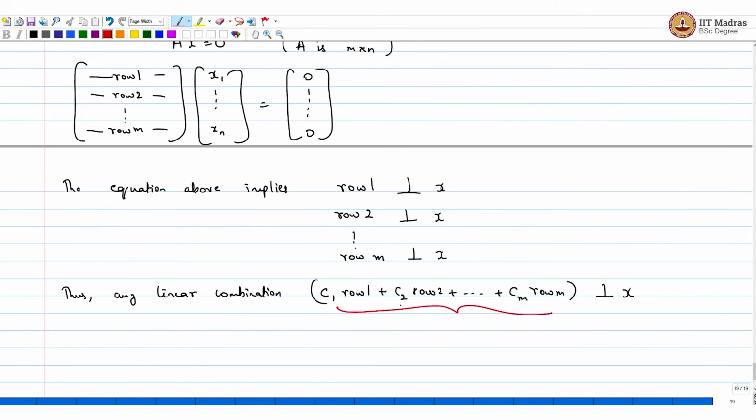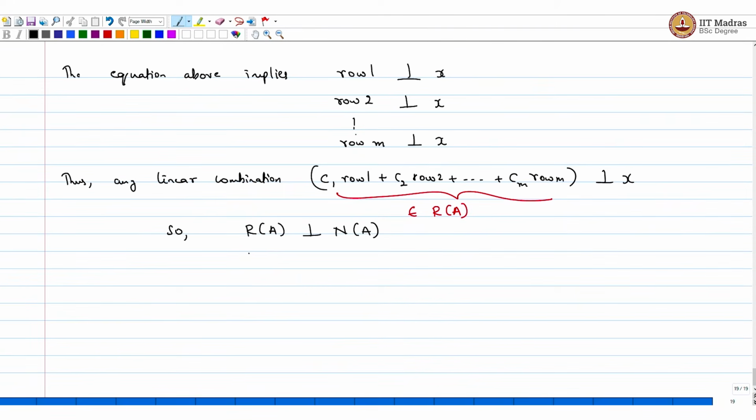And this belongs to the row space of A. So the row space of A is orthogonal to the null space of A, which is equivalent to saying the column space of A transpose is orthogonal to the null space of A. Now the same thing can be written like this: column space of A is orthogonal to null space of A transpose.